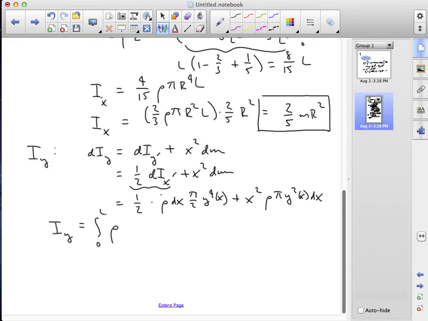So our expression for the mass moment about the y-axis has these two terms, and the first one looks almost identical to what we had for the mass moment about the x-axis. It's just that we have a pi over 4 here now instead of a pi over 2. And our second term looks like this.